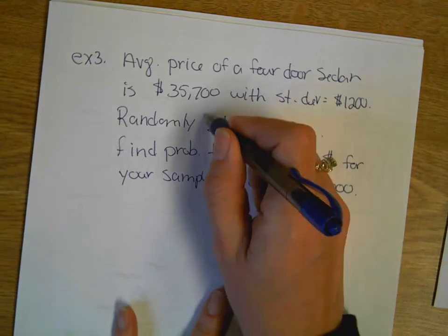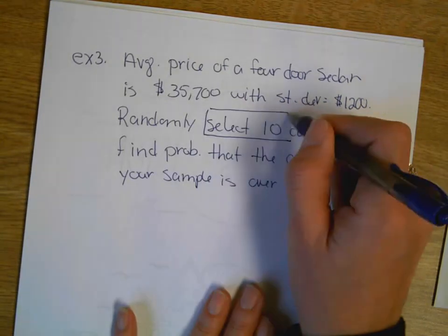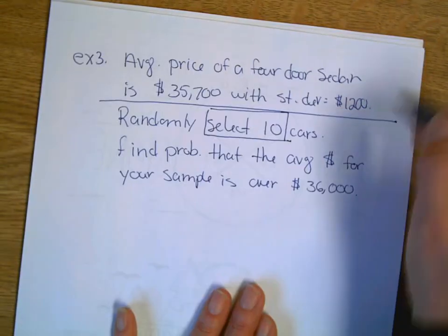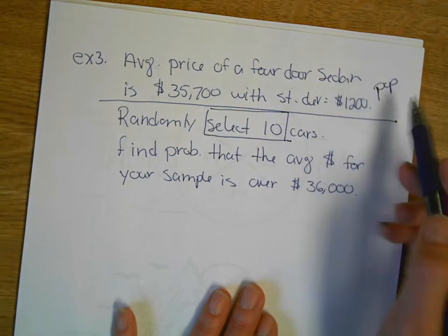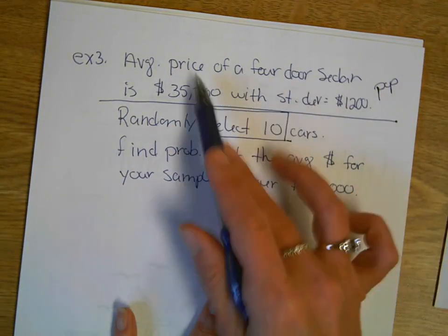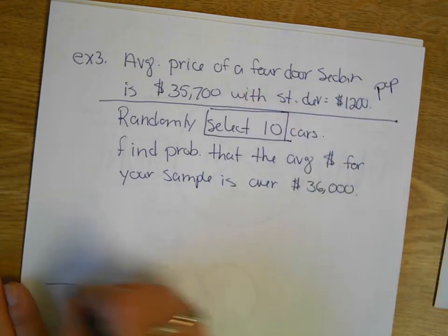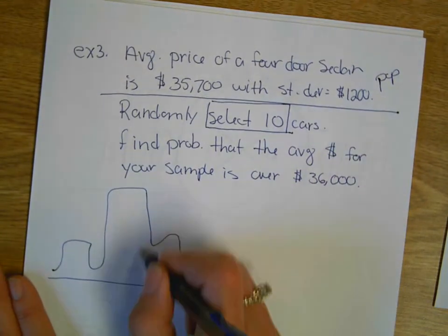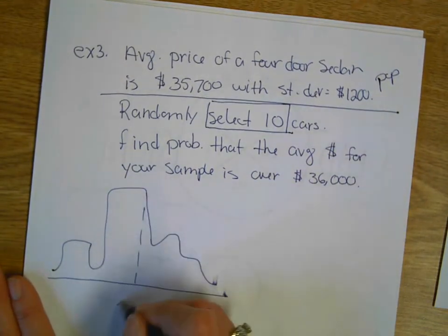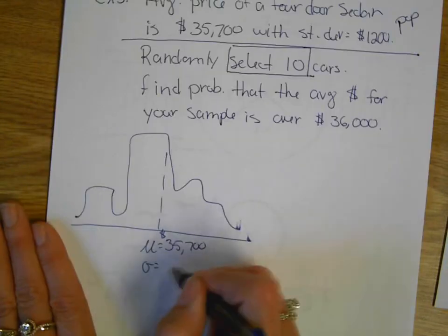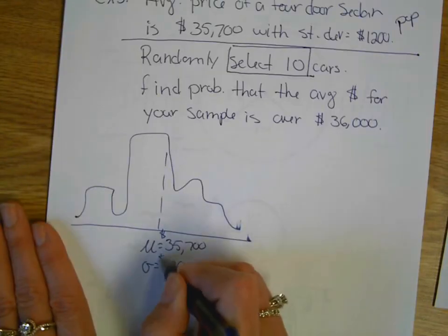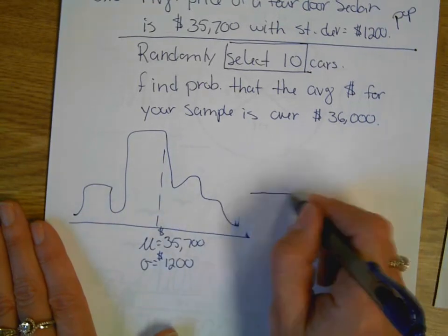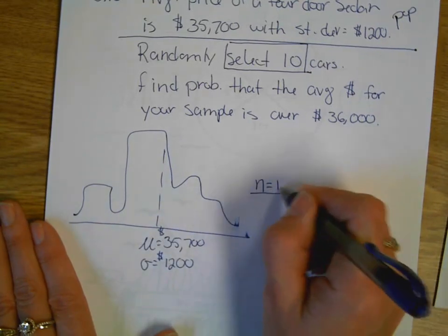We're selecting 10, so that tells me I've got to make the two graphs. Here's the information about my population up here. Do I tell you that the population is normally distributed anywhere there? No. So the population isn't necessarily normal, but I know the mean is 35,700, standard deviation 1,200, selecting samples of size 10.